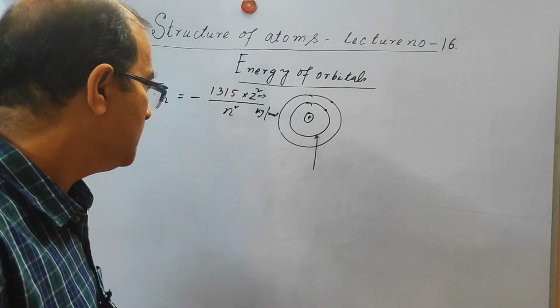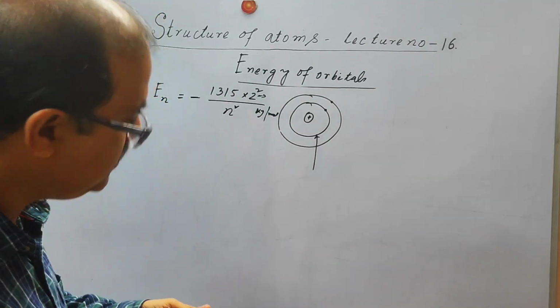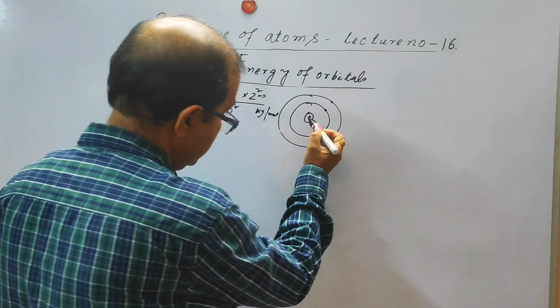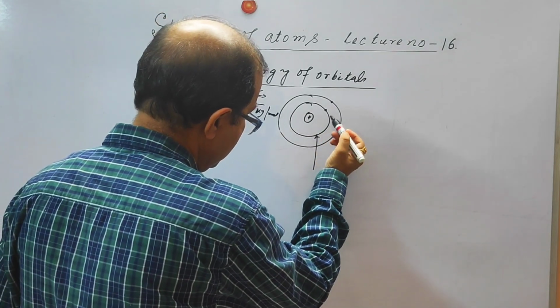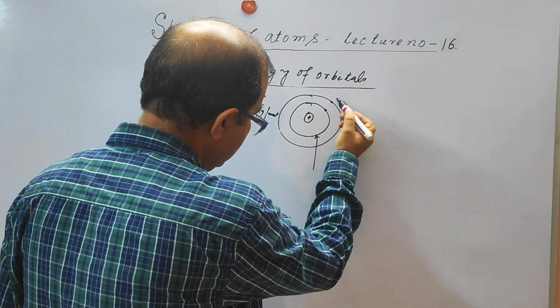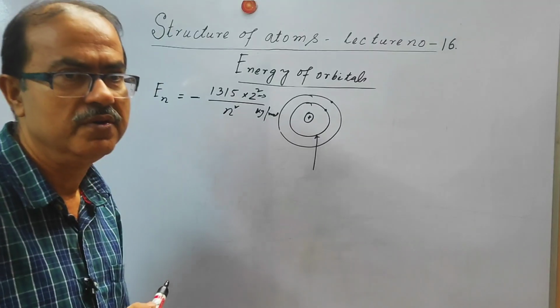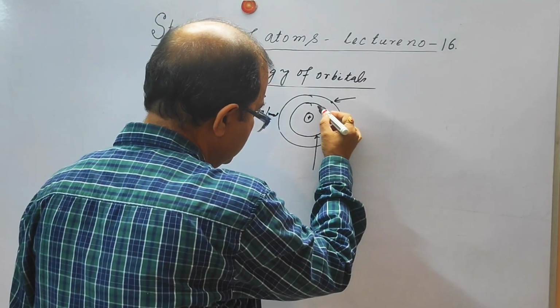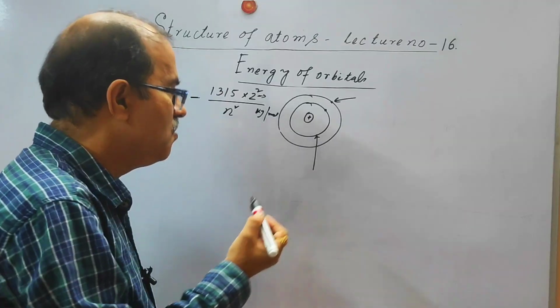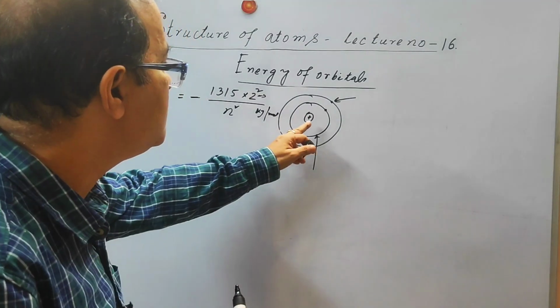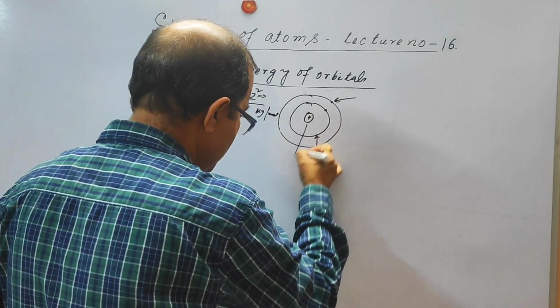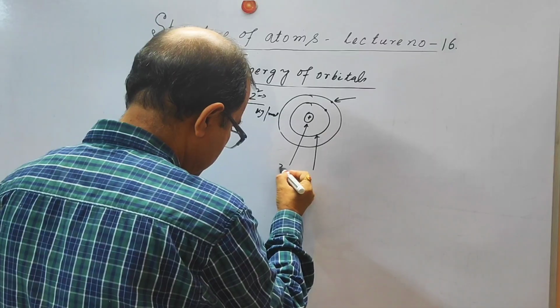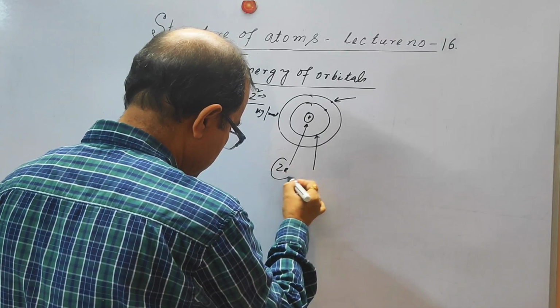Now, when there is a positive charge here, and this electron and this electron, the outside one and the inner one, what is going to happen? Suppose the charge of this nucleus is Ze.